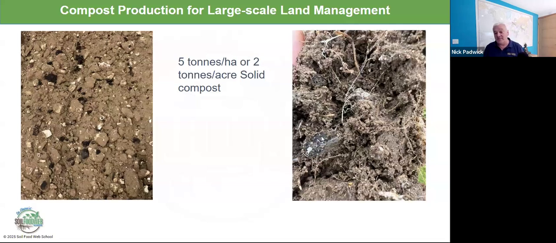Carla was with me in November, and we dug some of this soil up so she could see it. That's what a solid amount of compost would look like. We would spread anywhere between 2 and 5 tons, depending on the biology you've got in your compost. That's really important as you're on that journey: keep checking the amount of biology you've got in your compost.